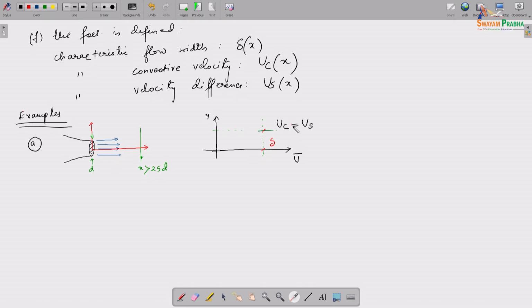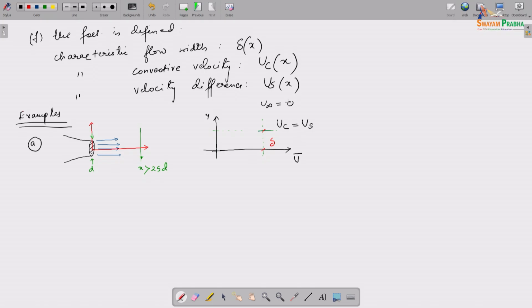What does that mean? Basically this is the maximum velocity which it has, that is the maximum spread. So that is the convective velocity. And the flow outside is quiescent, in the sense that u infinity is equal to 0.